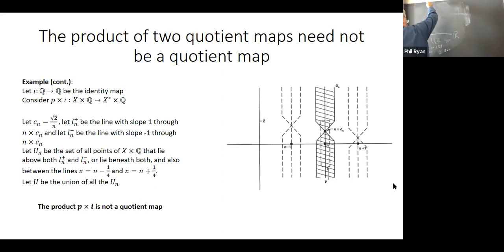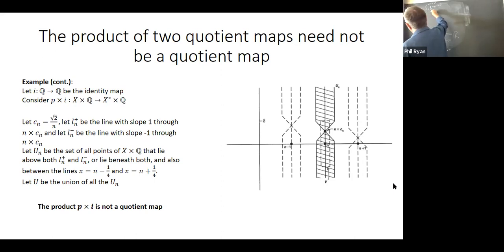So there's got to be some A cross B that contains Z cross 0, where A is open in X star and B is open in Q. Now, what do the open sets look like here?